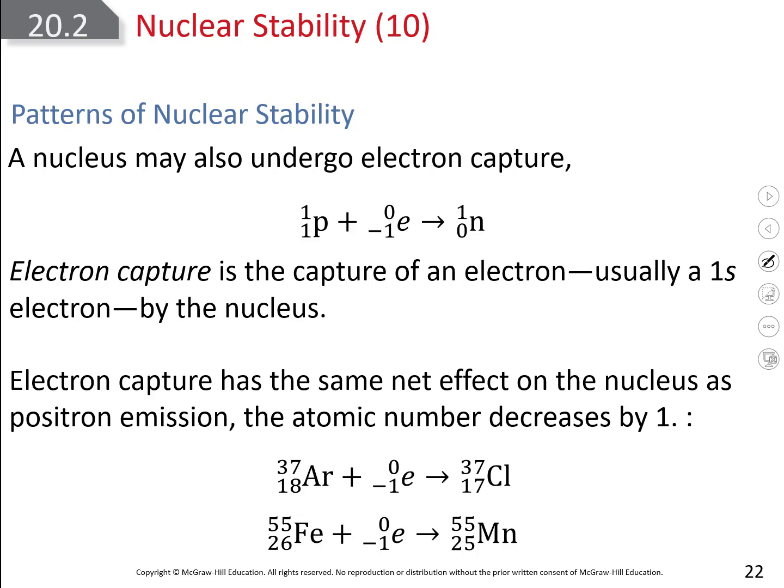This is another way of turning the proton into a neutron if you're below that belt of stability, through electron capture. Overall, it's the same change in the element as positron emission. It doesn't change the mass number, but it makes the atomic number go down by 1 unit.